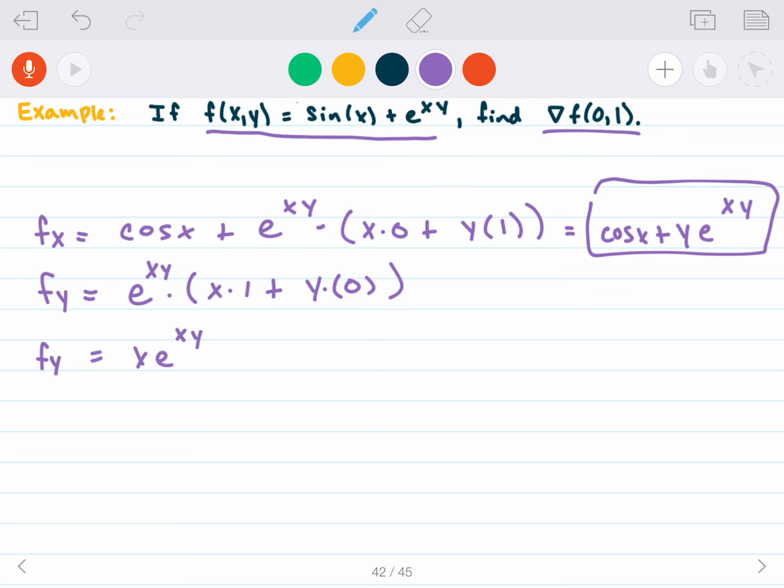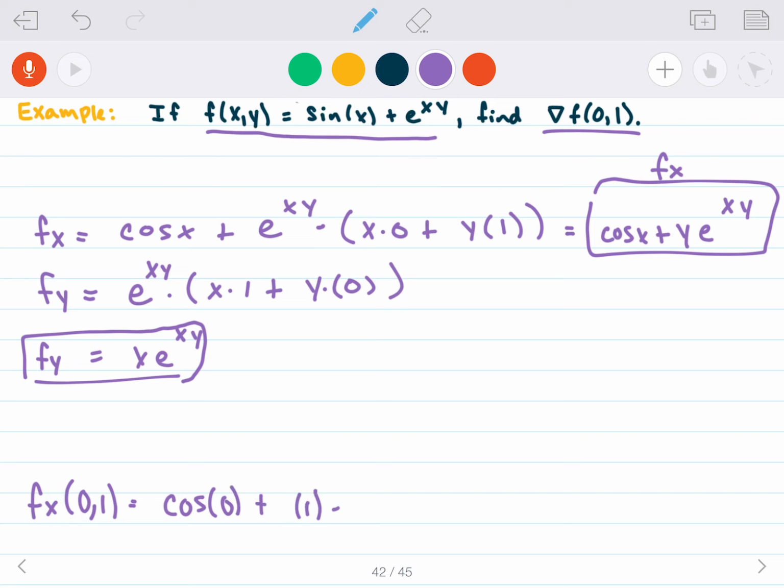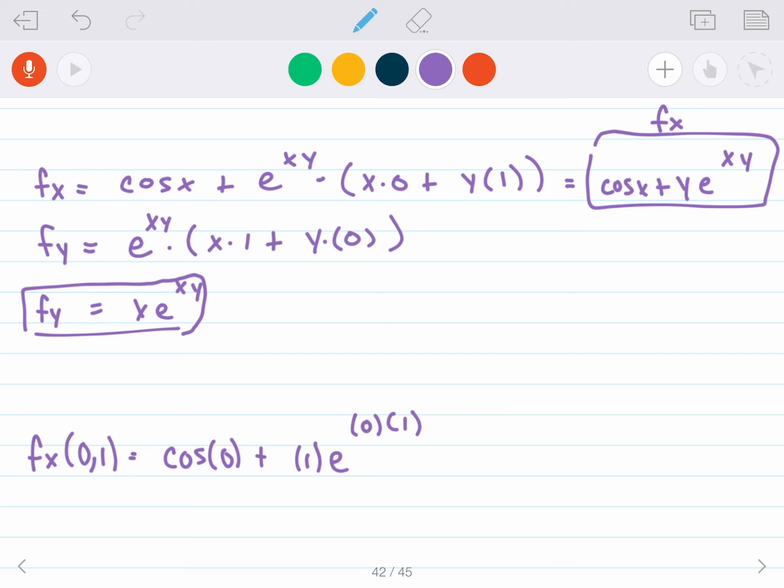Okay, so we have our partial with respect to x and our partial with respect to y. Let's go ahead and plug our point in to see what we get. So fx at (0, 1) is going to be cosine of 0 plus 1 times e to the 0 times 1. Okay, so the cosine of 0 is 1. So we have 1 plus e to the 0 is 1.